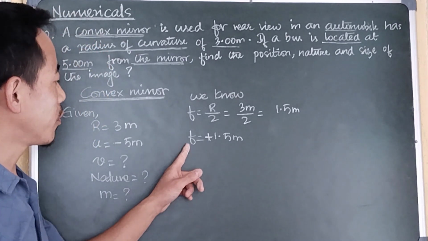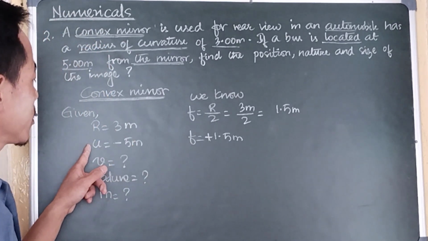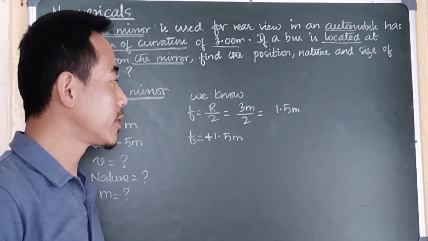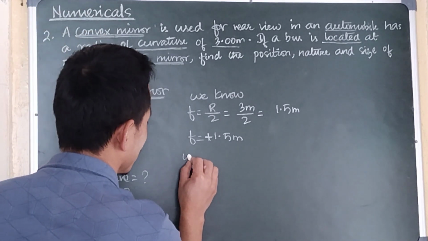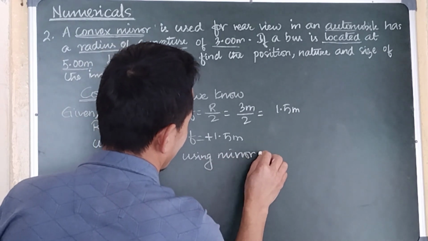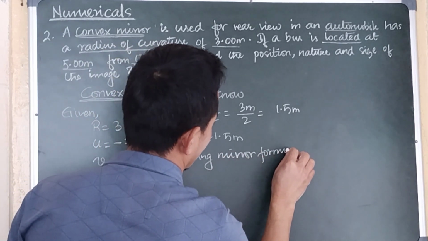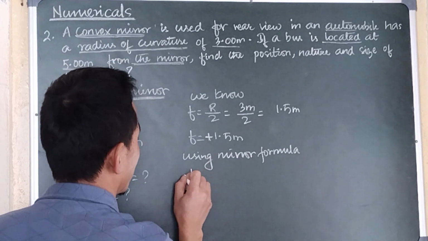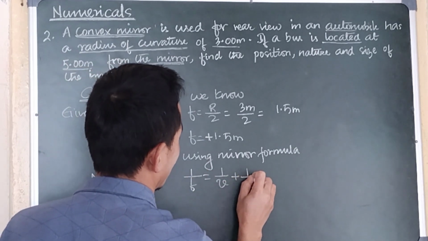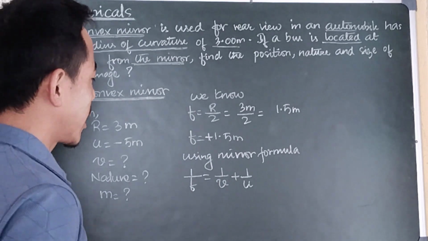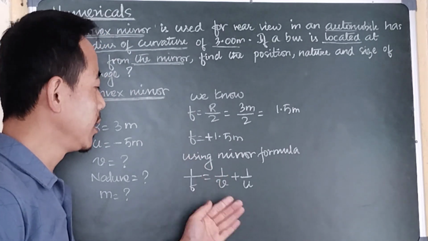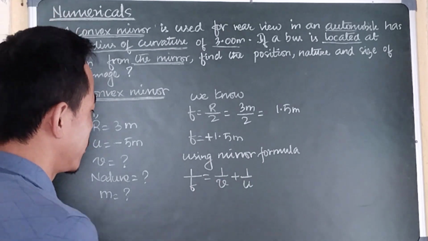So after we have found out the focal length, we already have the object distance. Now using mirror formula, we can calculate the image distance. So let's use the mirror formula. So mirror formula is 1 by F is equals to 1 by V plus 1 by U. Since we are finding V, let's keep V separately, single, and let's bring U to the left hand side.